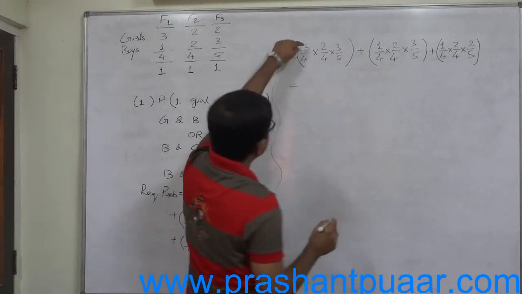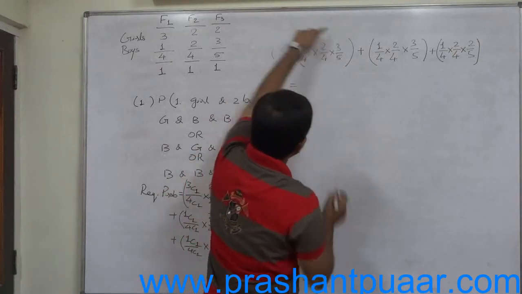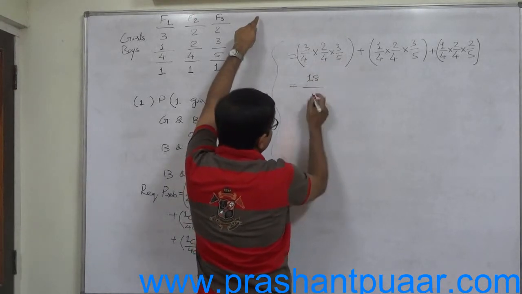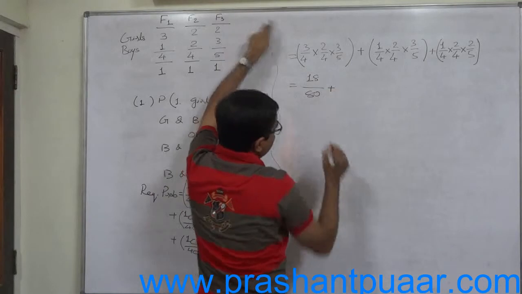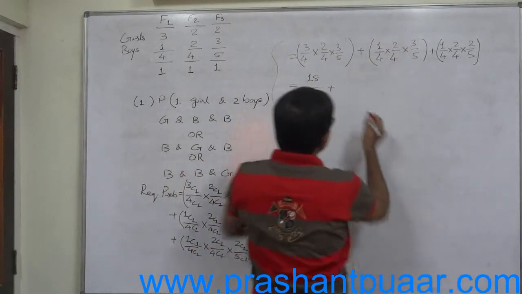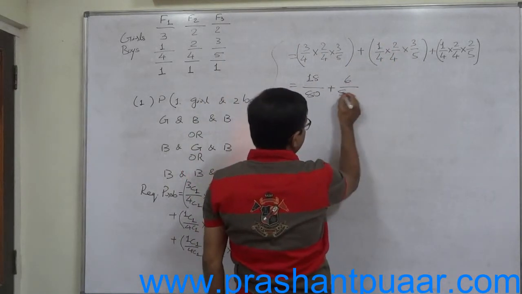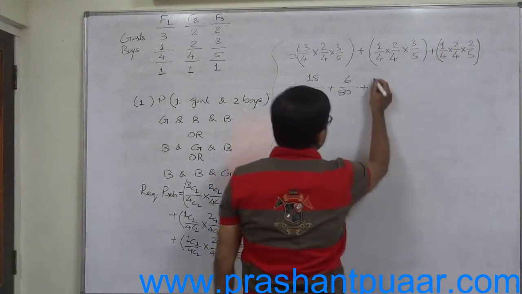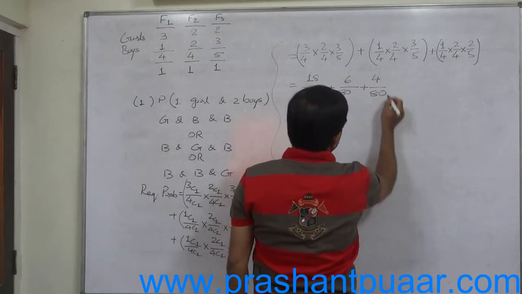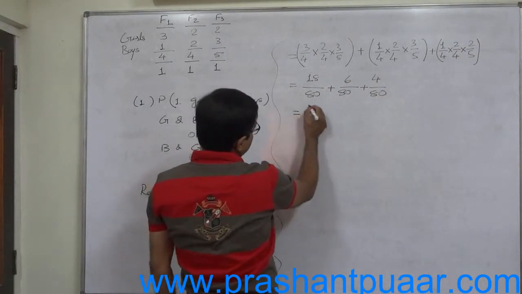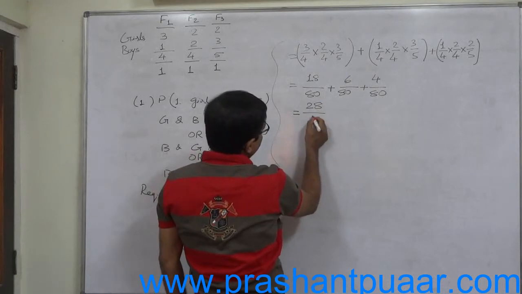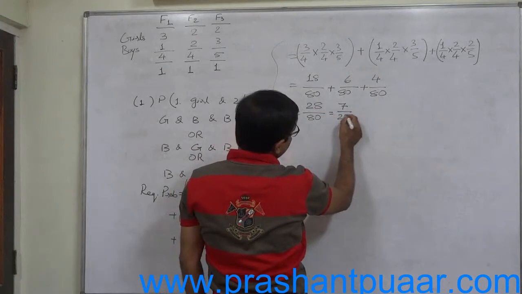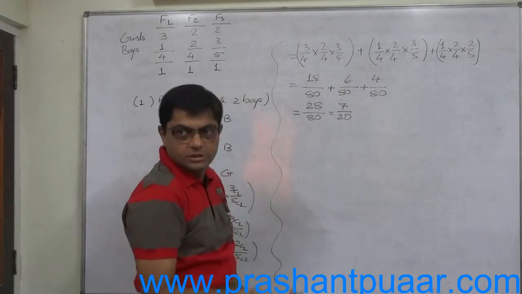That means 3 into 2 is 6, into 3 is 18, divided by 4 into 4 is 16, into 5 is 80, plus 1 into 2 is 2, 2 into 3 is 6, divided by 80, plus 1 into 2 is 2, 2 into 2 is 4, divided by 80. So ultimately the answer is 28 by 80 or precisely 7 by 20 or 0.35.